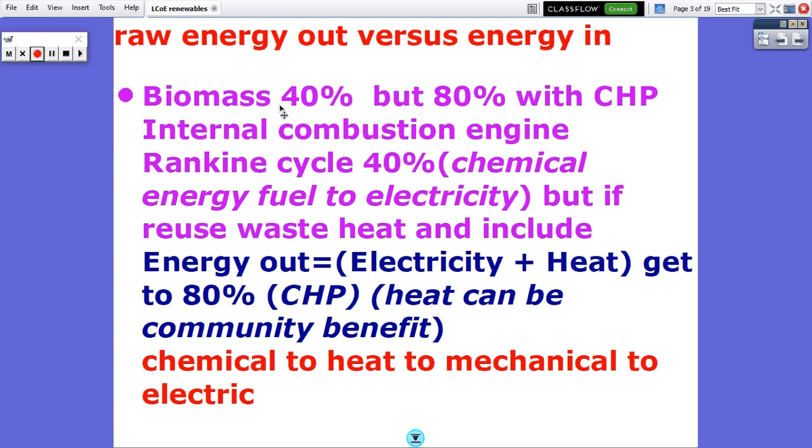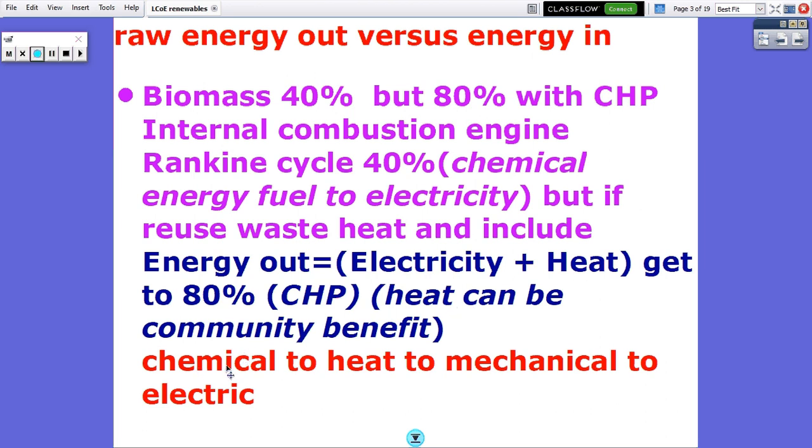If we can use the waste heat output from the internal combustion engine, the steam engine, and we have energy out in terms of electricity plus heat, we get the combined heat and power energy efficiency up to 80%. So the heat could be used as a community benefit.